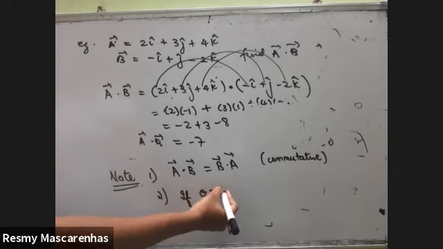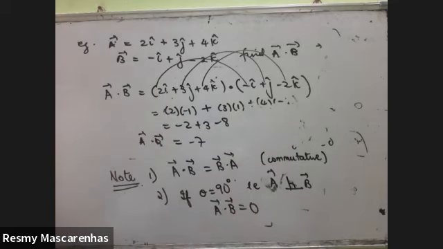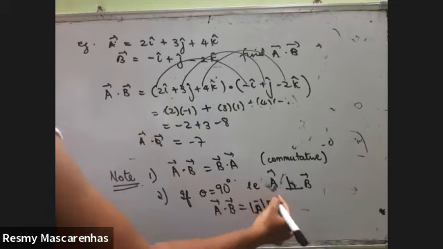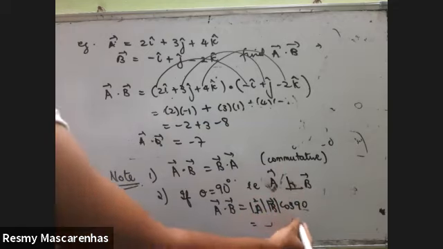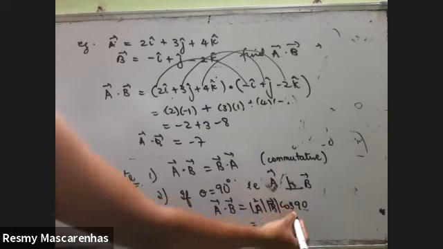Why? You know that just now we had seen for i dot j, cos 90 will always give you 0. Because it will be like magnitude a bar, magnitude b bar, cos 90. Cos 90 is always 0. That's why a bar dot b bar will always be 0 for perpendicular vectors.